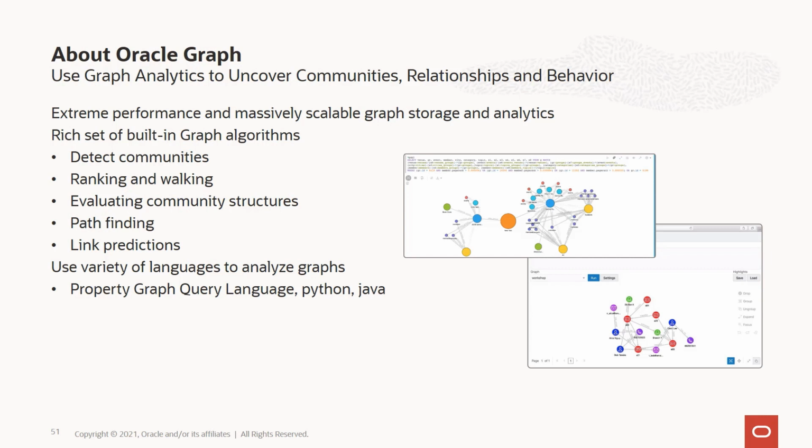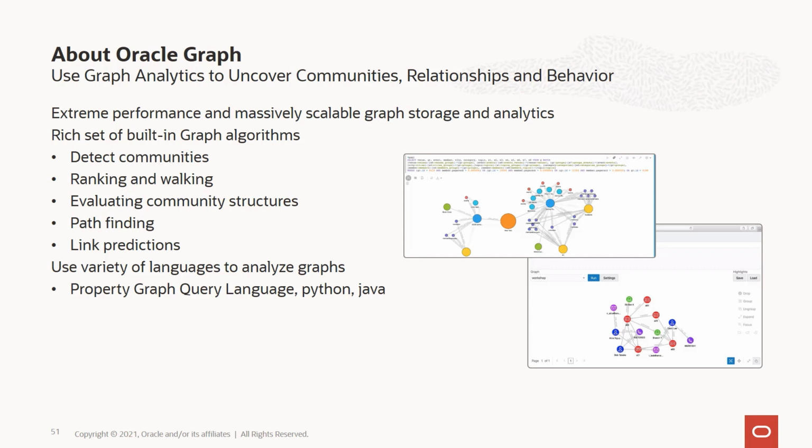So modeling your data as a graph enables you to make explicit the relationships between data entities. And this allows you to apply graph algorithms to your data. For example, you can identify communities within your data. You can identify important vertices, that is vertices which are highly connected. You can find paths in your data and so on.